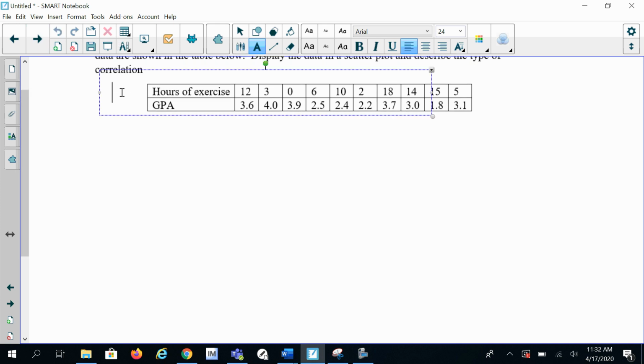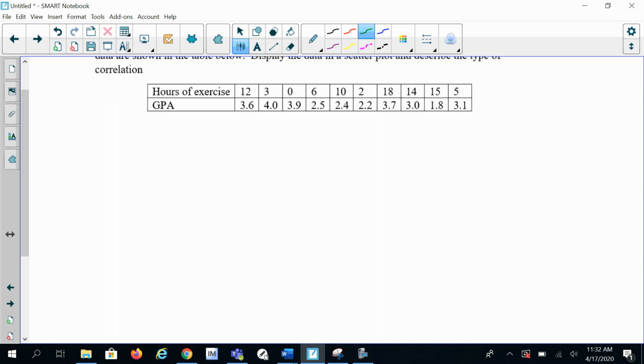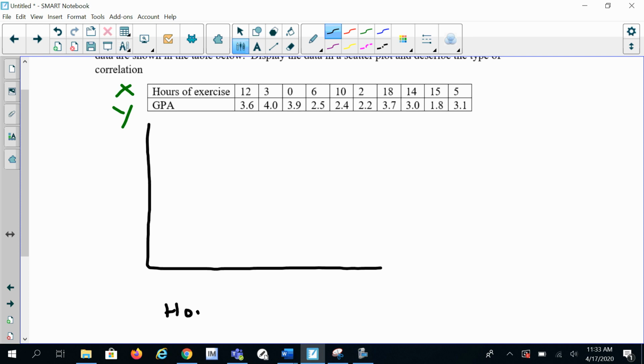X is always on the top. So my X is going to be hours of exercise. The GPA is your Y. So when I make my axes, hours of exercise is down here, and then GPA is over here.